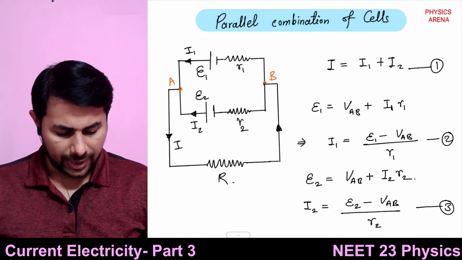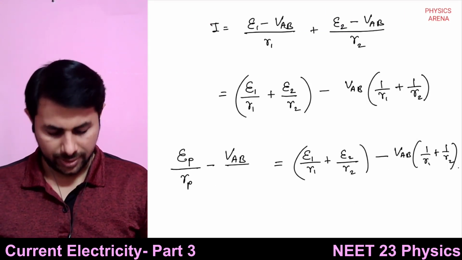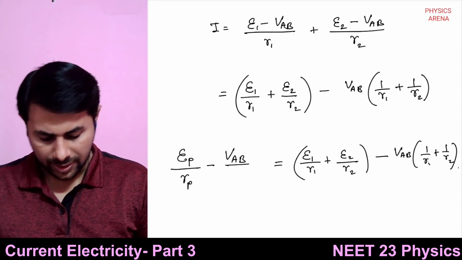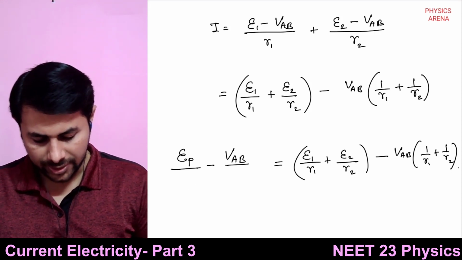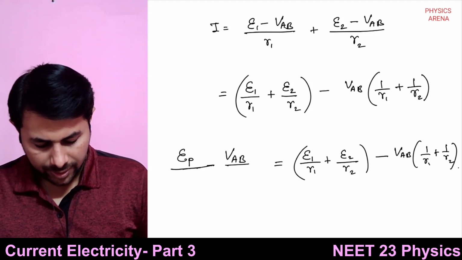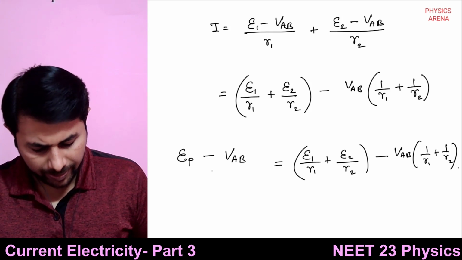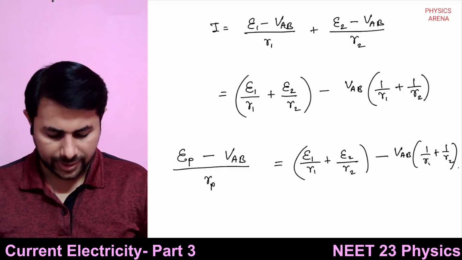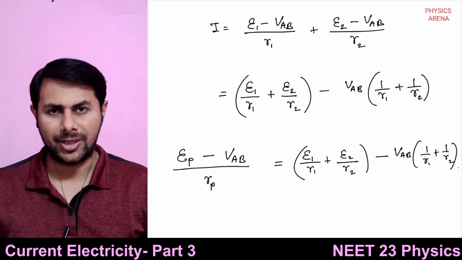So now I can write the left hand side. The left hand side is also current, so I can write it as EMF minus potential difference divided by the total resistance. And what is the total resistance? It turns out that it is the resistance of the parallel combination.